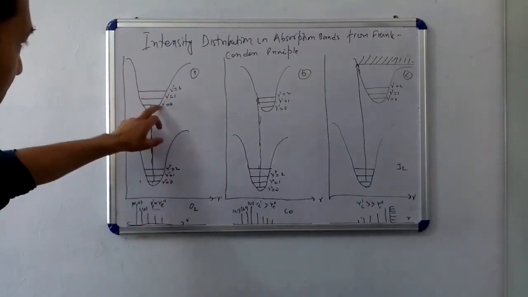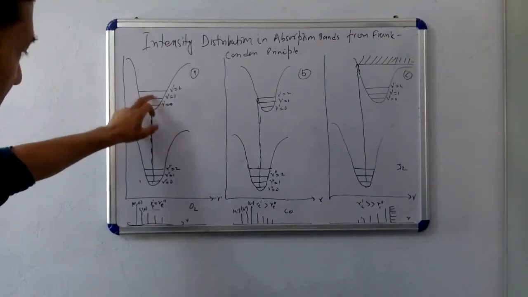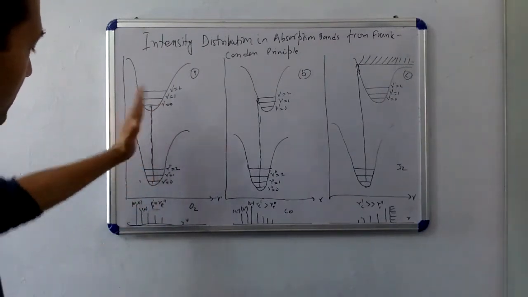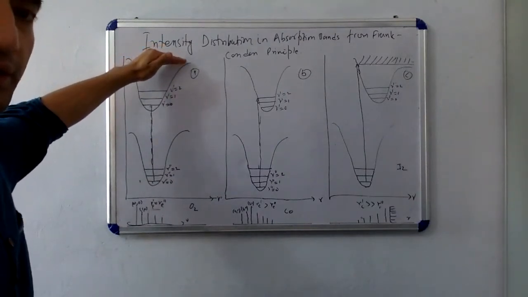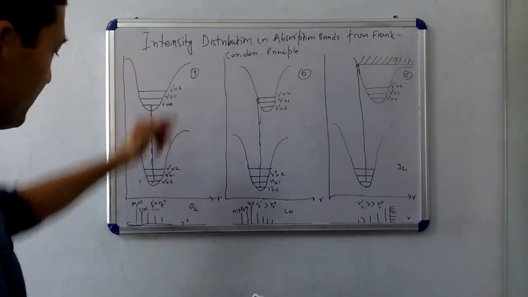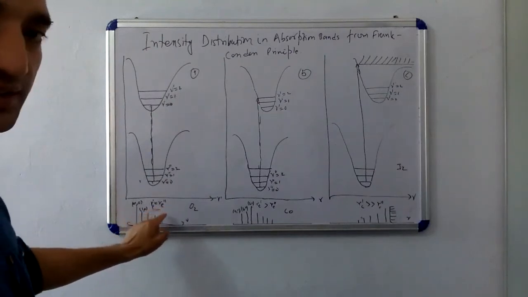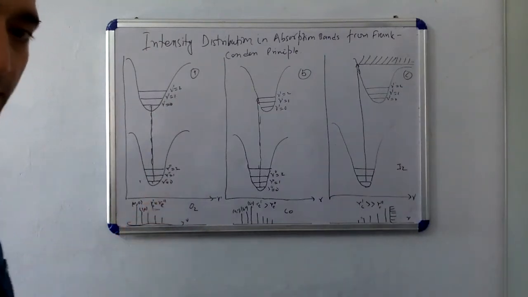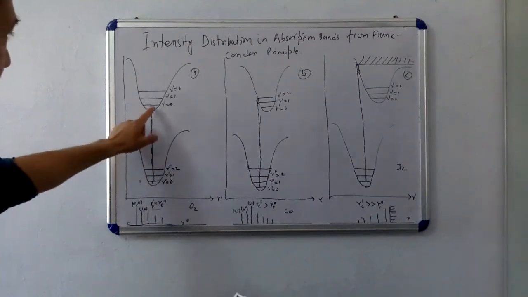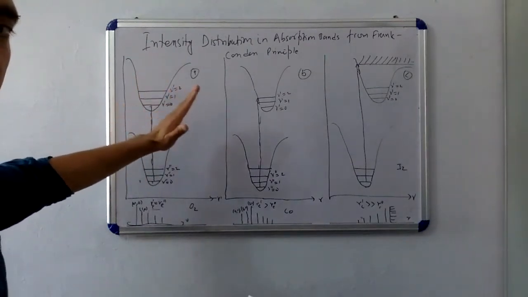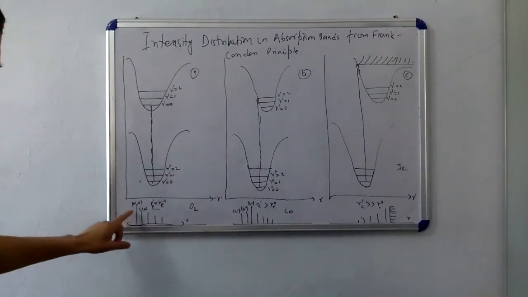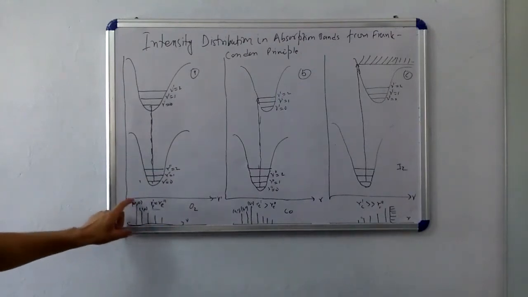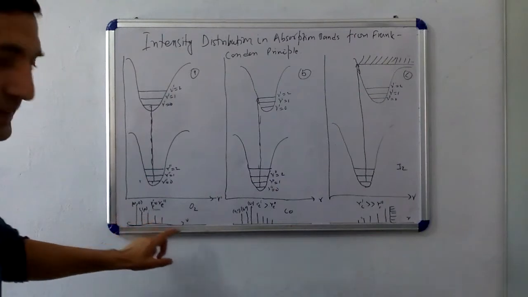The 0-0 line lies vertical, and for the higher states it violates the Franck-Condon principle because Re′ and Re″ are changing, so the intensity slightly decreases. At the 0-0 transition the line is very sharp and intense, and gradually it decreases.